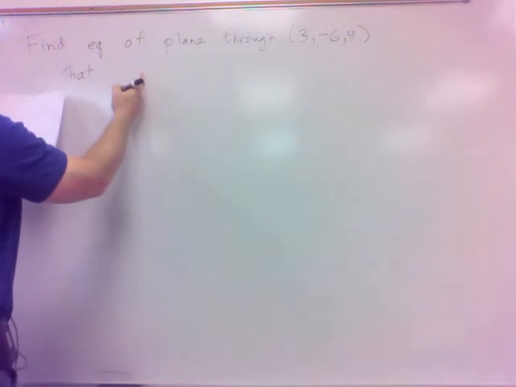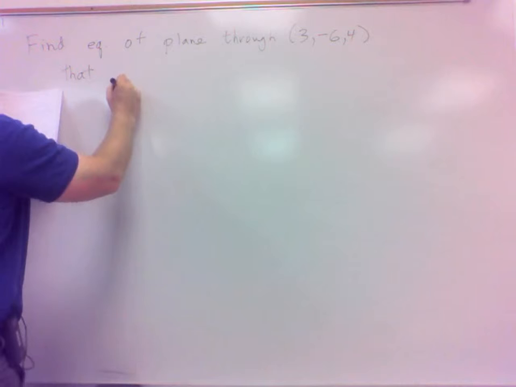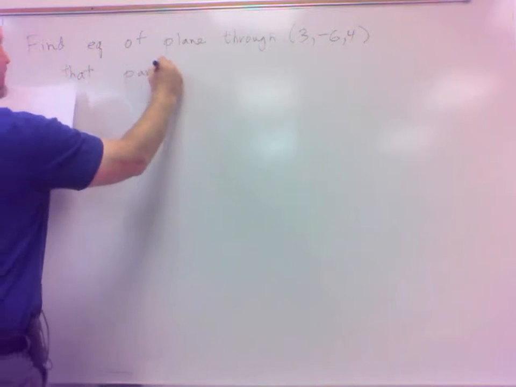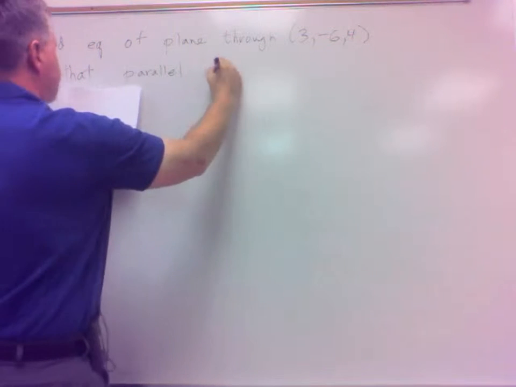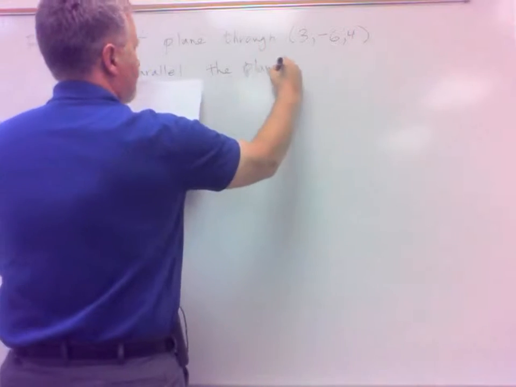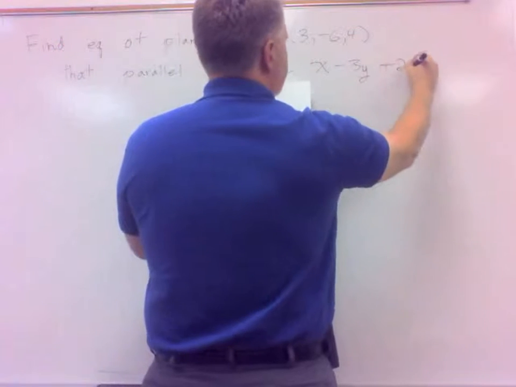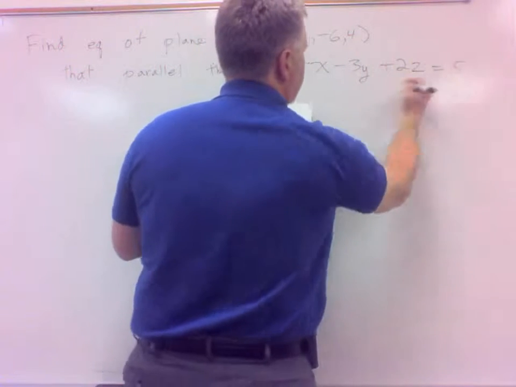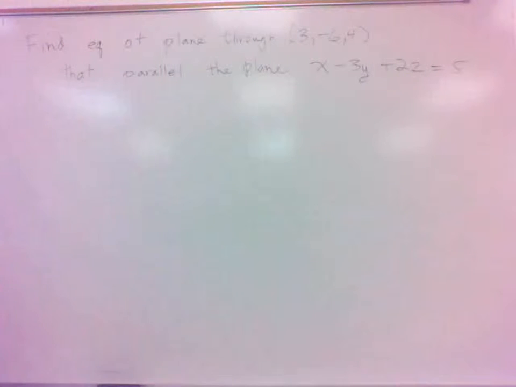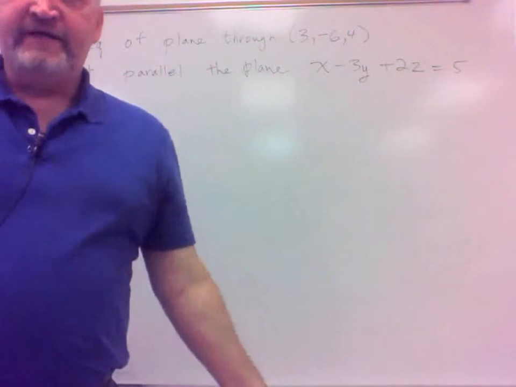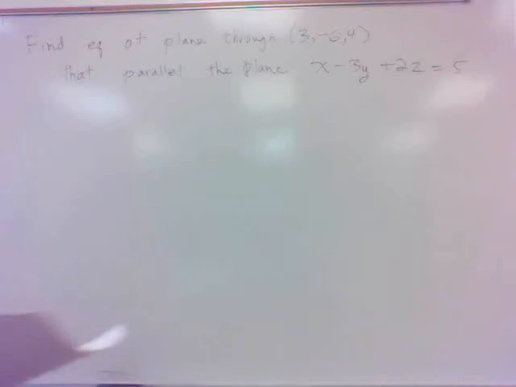Well, in this case, they don't give us that. They give us that it's parallel to another plane, x minus 3y plus 2z equals 5. Okay? And so we're finding a plane through the point, but it's parallel to another plane.